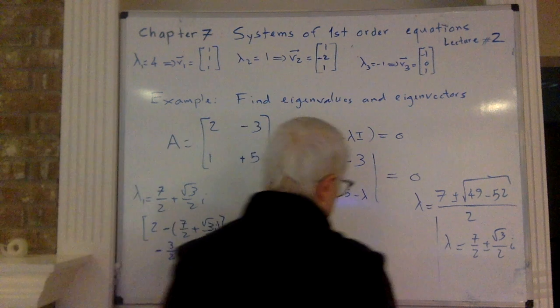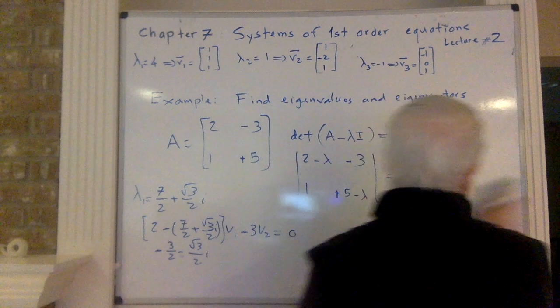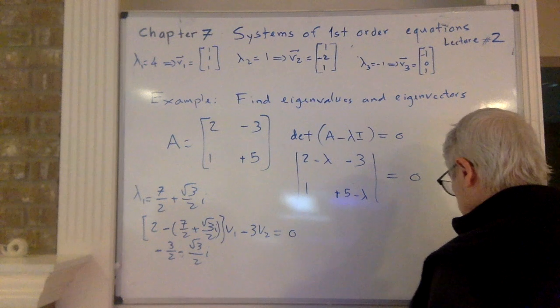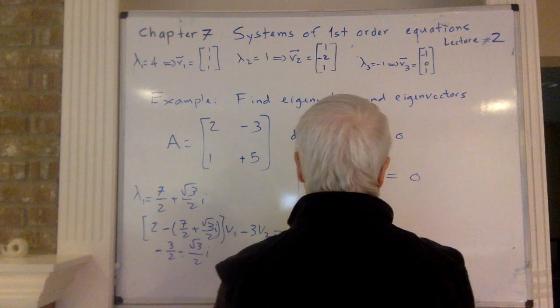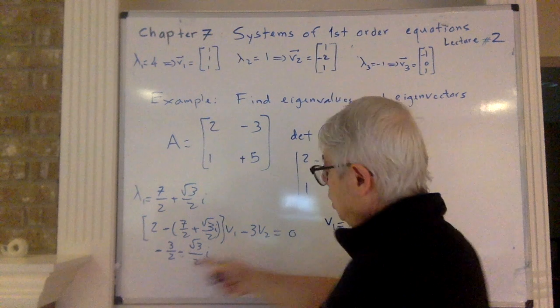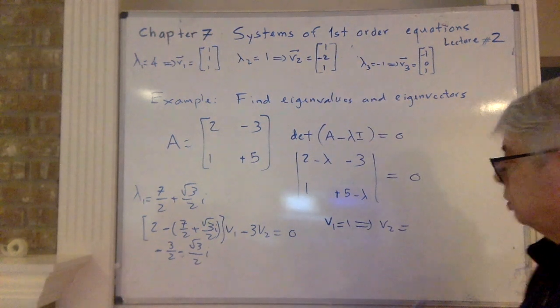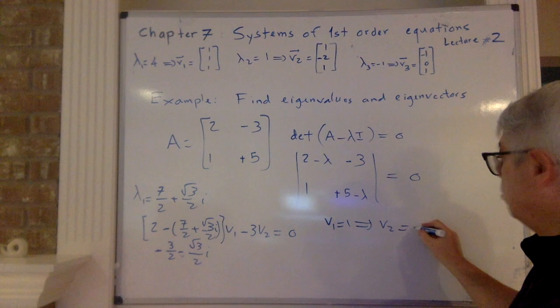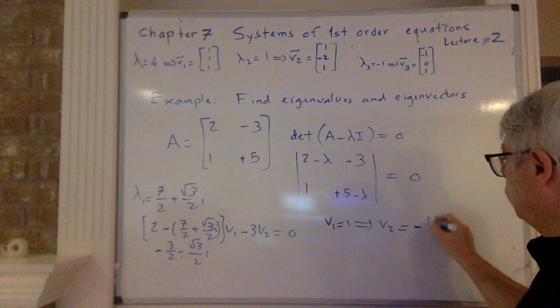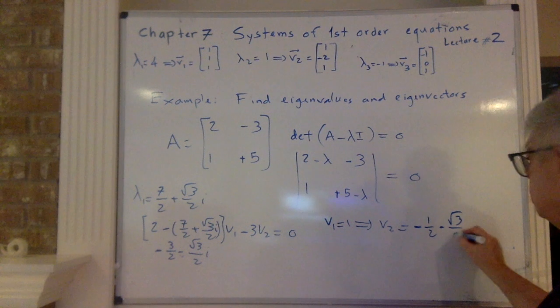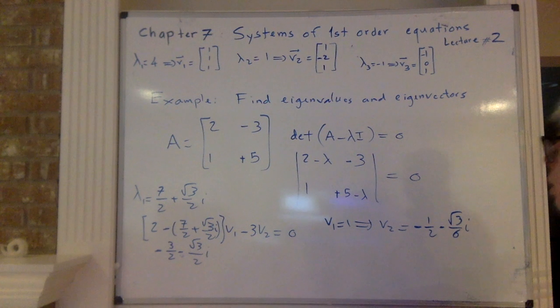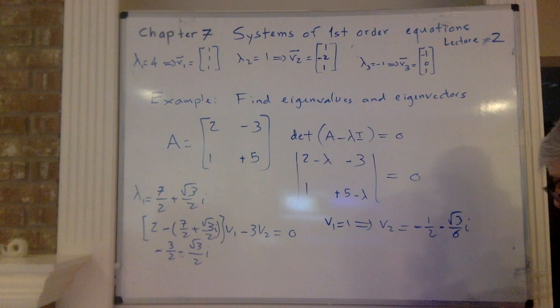So that gives me, if v1 is 1, v2 is this guy here divided by 3, so I have minus 1/2 minus the square root of 3 over 6 i. Okay, so let me quickly write.